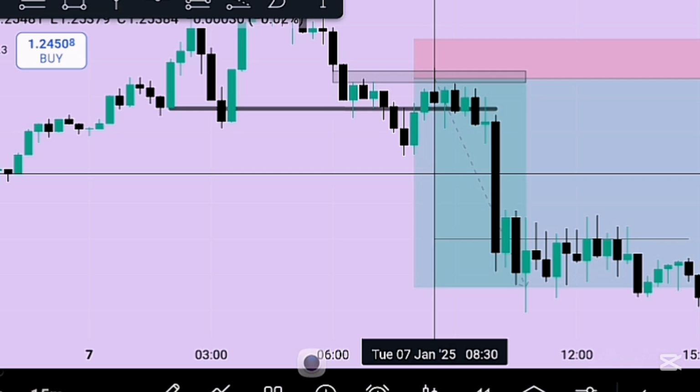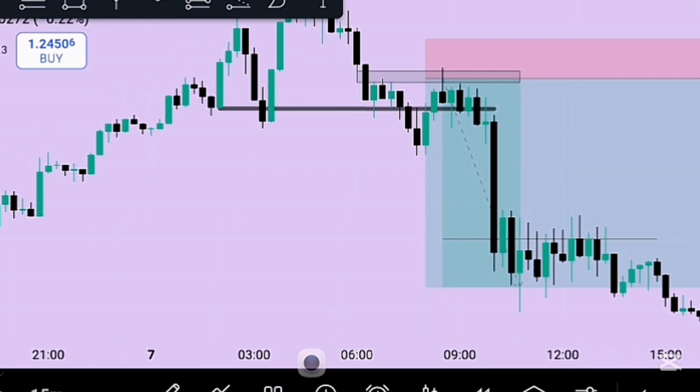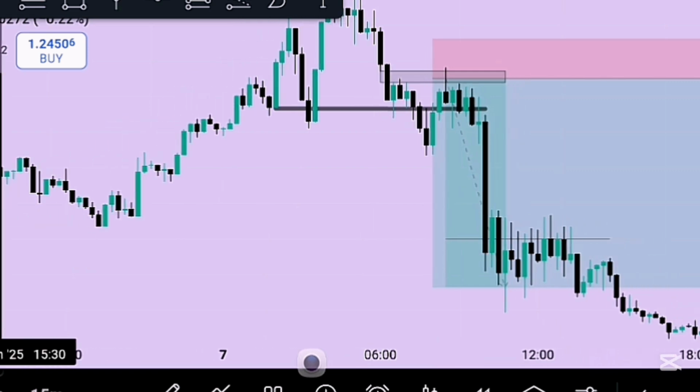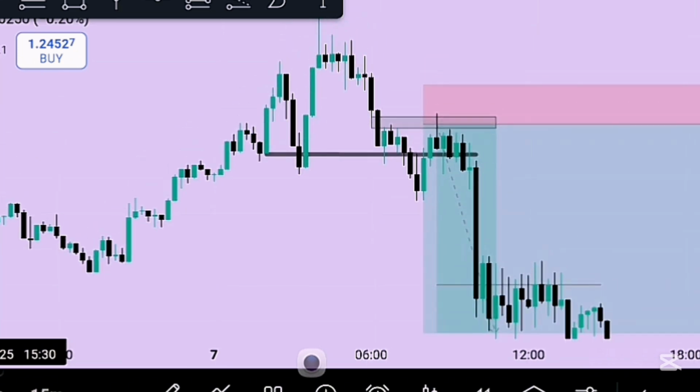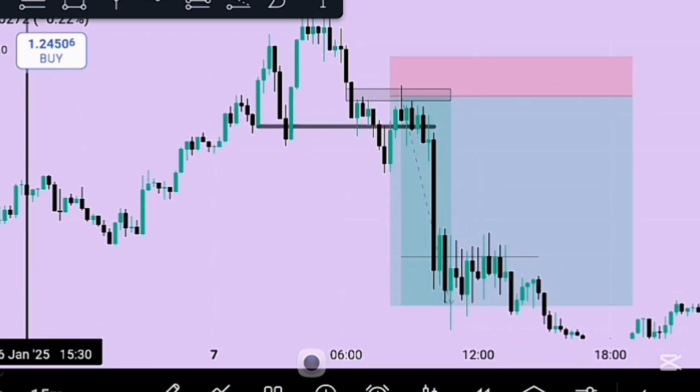Always follow this rule, and I promise you, this setup always presents itself, if not every single day in the market, then every other day. For me, this is one of the easiest ways to enter a trade. And as you can see, it hit our TP successfully without any stress at all.